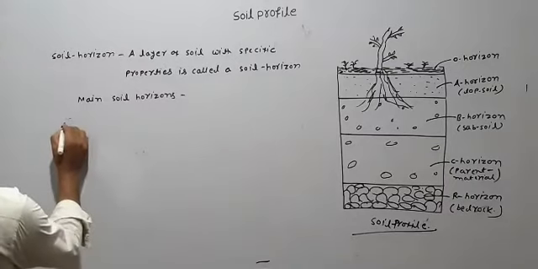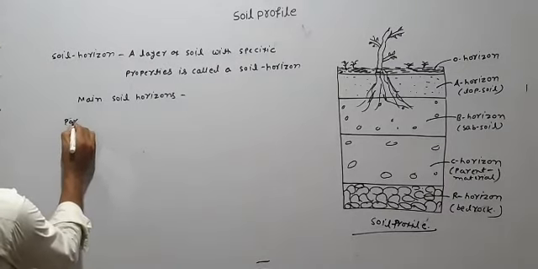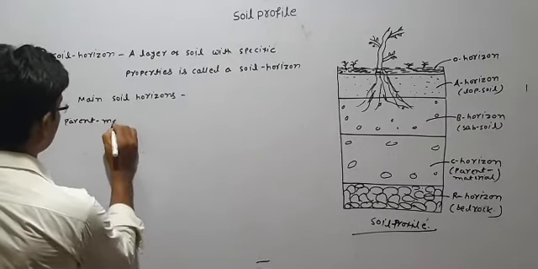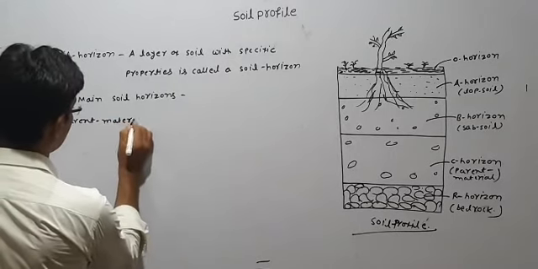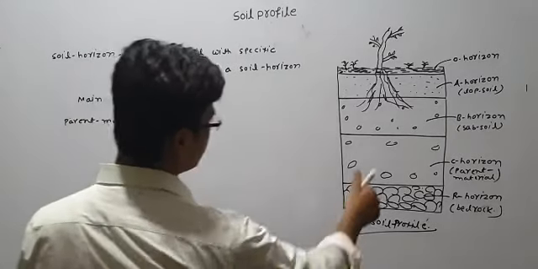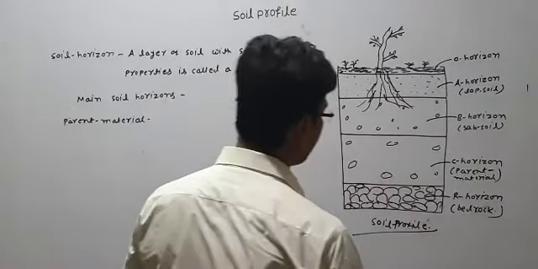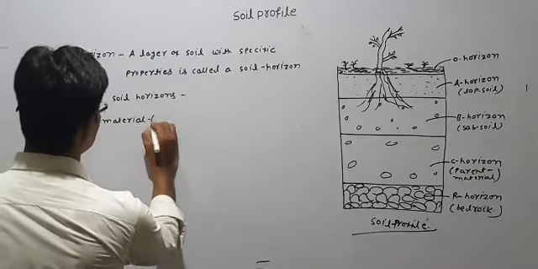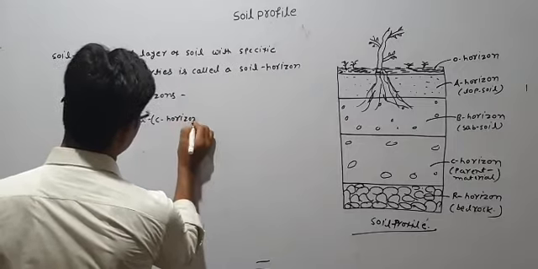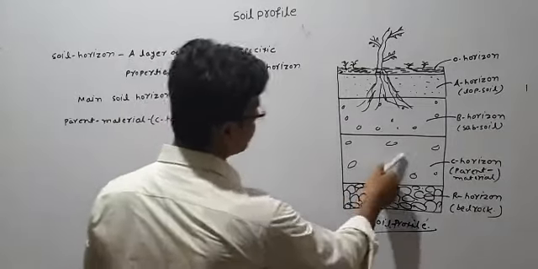Next, we have parent material, students. Here you see the C horizon or parent material. We can write this one, C horizon. This one, students, C horizon.